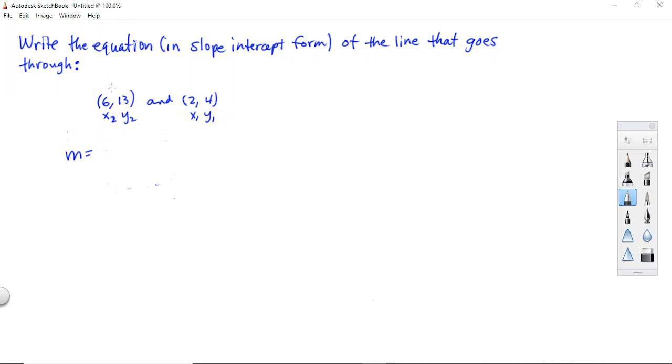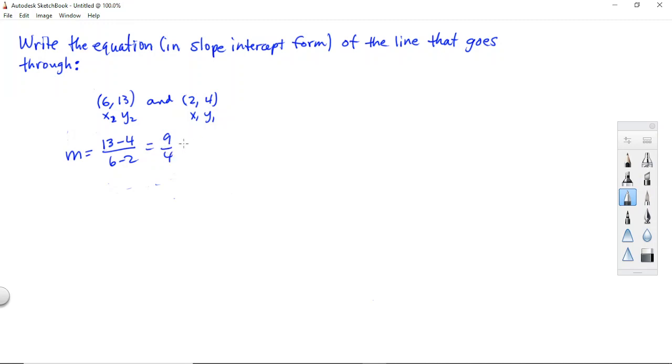So we'll use this point here as our x sub 2, y sub 2. So the difference in the y's is 13 minus 4, divided by the difference in the x's, which is 6 minus 2. And so we get 9/4.